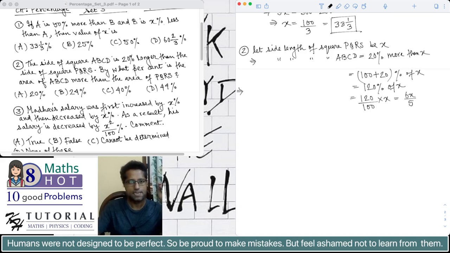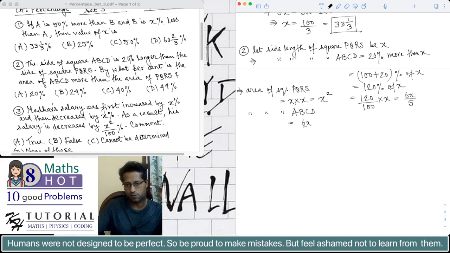Now, so this implies area of square PQRS is equal to x into x, that is x square. Also, area of square ABCD will be, the side length of ABCD is 6x by 5.